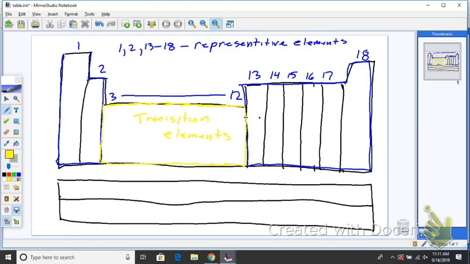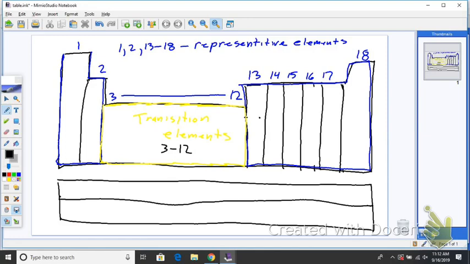So they have a little bit different characteristics than when we look at the representative elements. So those are called the transition elements. Three through 12. That's what the transition elements are.